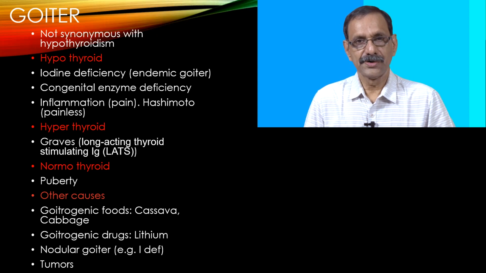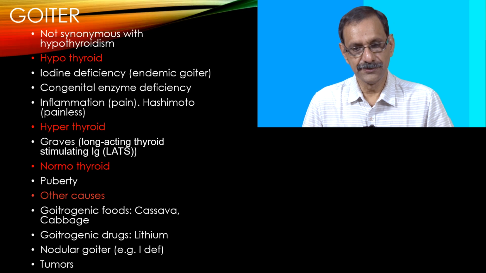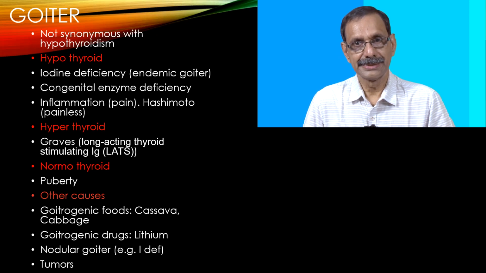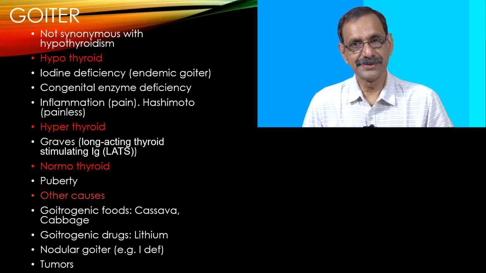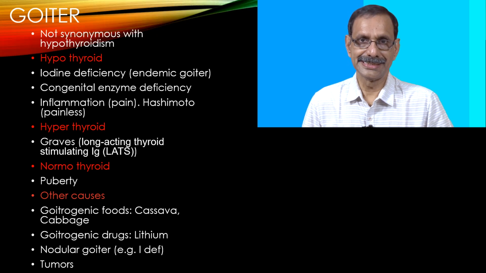Now other causes of goiter could be goitrogenic foods like cassava, cabbage, goitrogenic drugs like lithium that we discussed in the last slide, and nodular goiter in iodine deficiency. In iodine deficiency, as I said, there is a signal of low thyroxine to the pituitary. The pituitary secretes TSH.